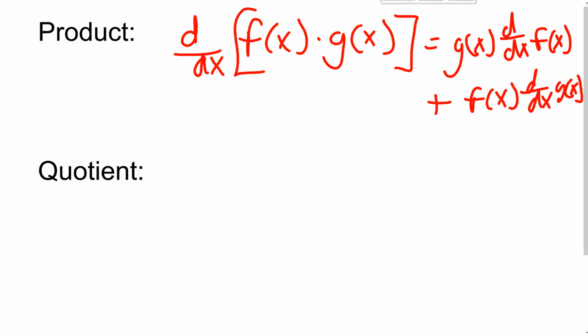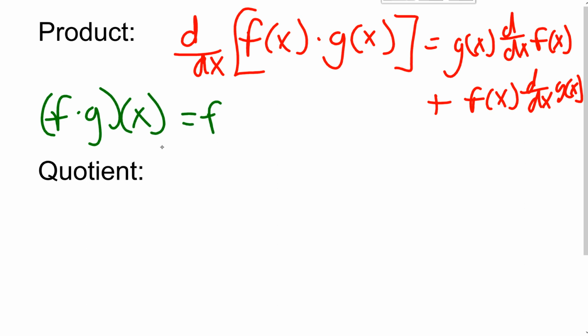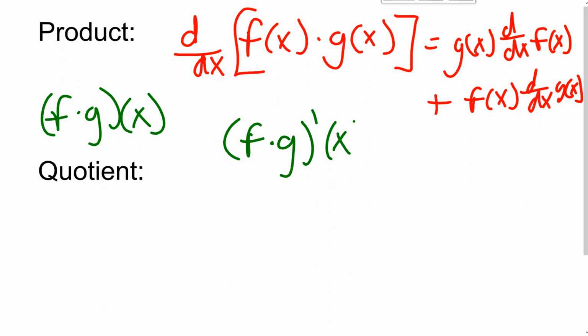So you could also rewrite it like, so that's one notation. You could also rewrite it like this, where if we have f times g of x, then the derivative of that would be f times g prime of x, and these can switch around.